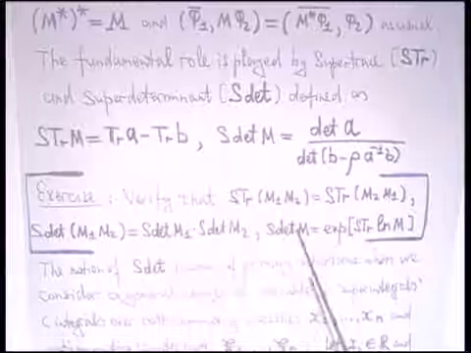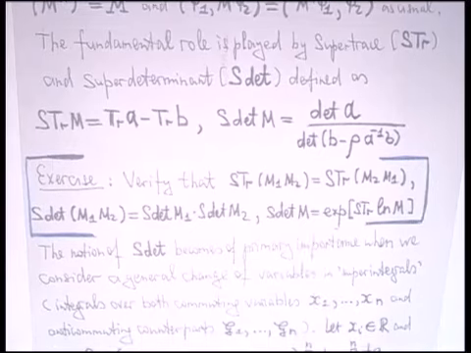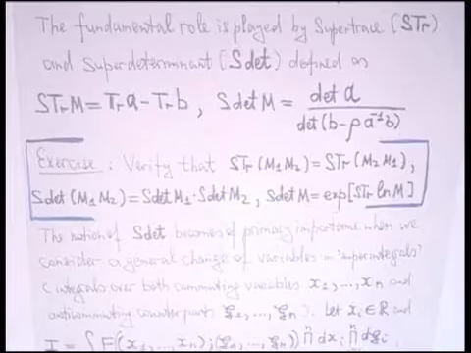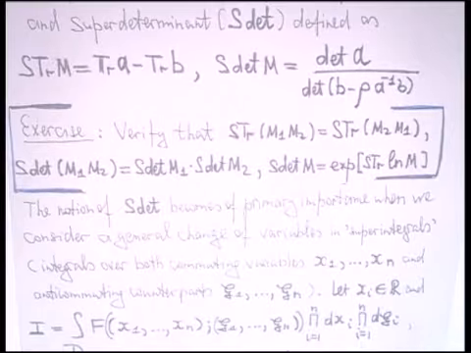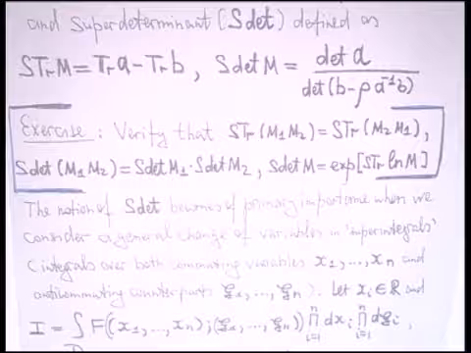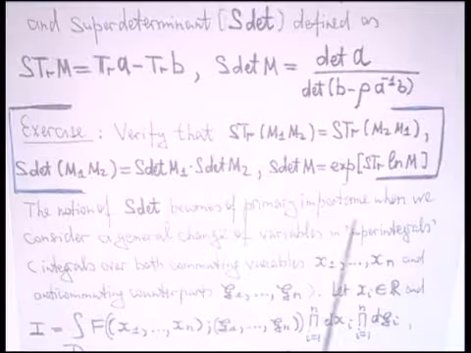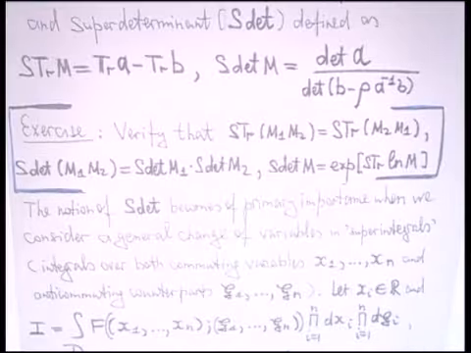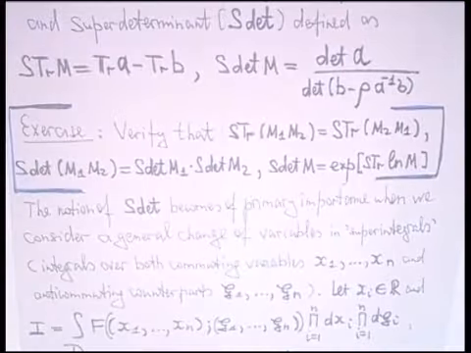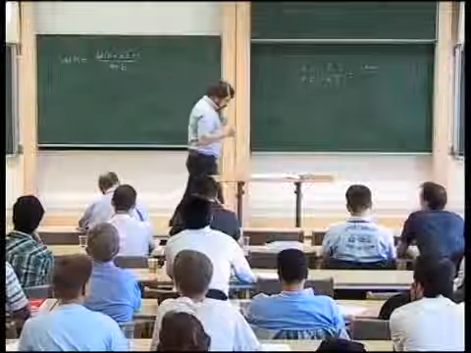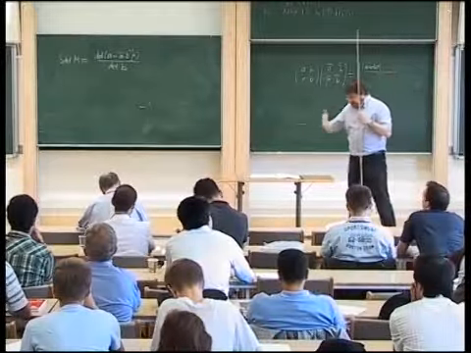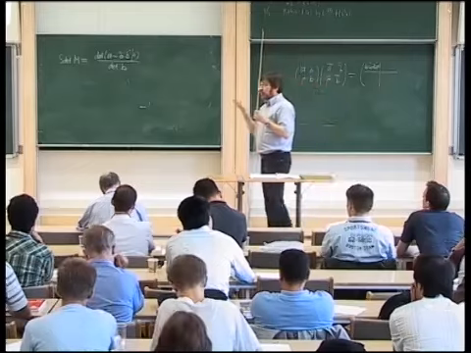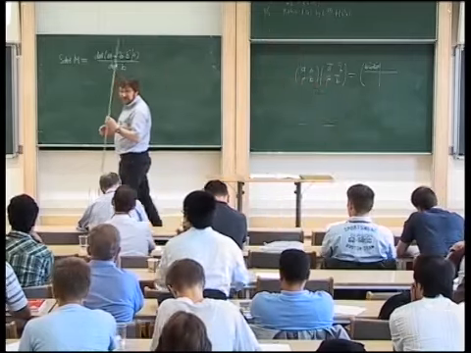And an important exercise is to verify that with this definition, one has a natural extension of the usual most important properties of the operations of taking trace and taking determinant to the case of supermatrices. Namely, what is the most important property of the trace? That for usual matrices, under the trace, you can make a cyclic permutation of matrices.